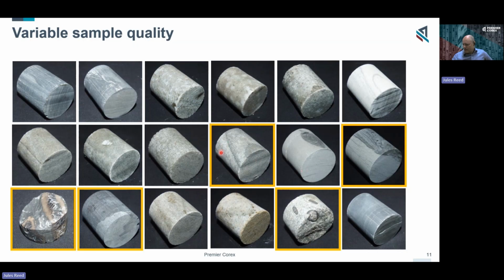You have ones like this where the bedding is oblique. You can see that this is starting off roughly halfway and tapering out. Now, that layer there is going to be a barrier to flow. So when we try and do permeability analysis of this sample, we're really only flowing through this portion, maybe through this portion of the sample.